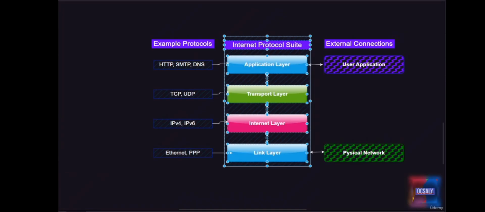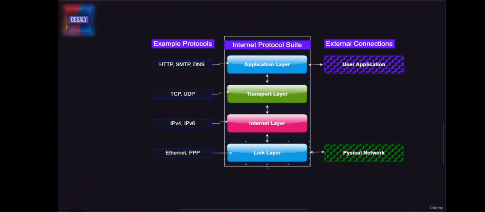Let's get started with the link layer. This layer is the lowest level and describes the physical mechanisms used to transfer information between nodes on a local network. Well-known examples include Ethernet, both wired and wireless, and the Point-to-Point Protocol, PPP.